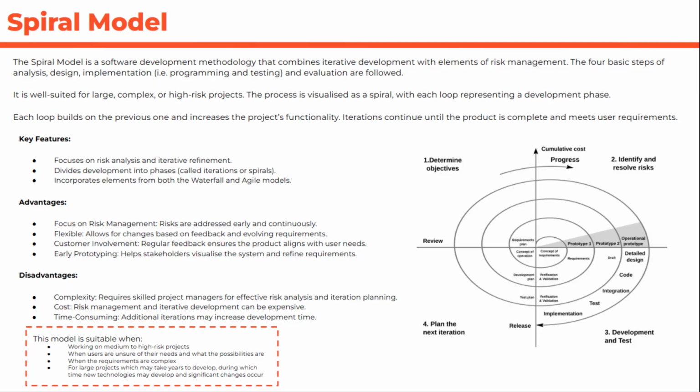It's also suitable when the requirements are quite complex, because we can keep working on them, chunking them, and then progressing towards the final goal. Also, it's suitable for large projects, as we discussed before, which may take even years to develop, during which time new technologies may develop and significant changes may occur. So because of the length of time and the number of iterations, these things can tend to be very costly.